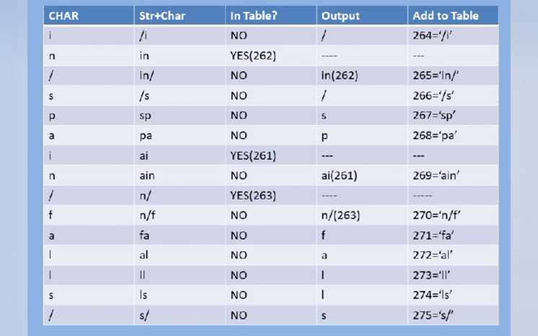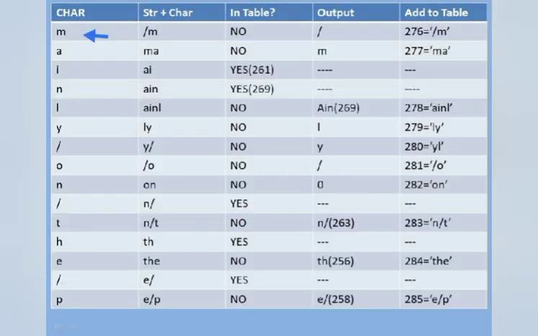Now till now we have successfully processed the string from the rain in Spain falls slash. Now we will start from M, that is the first character of mainly.